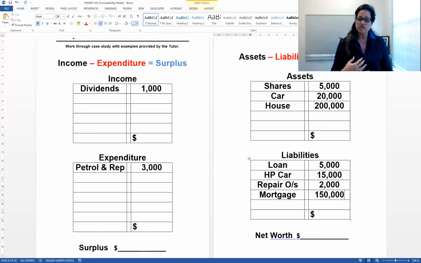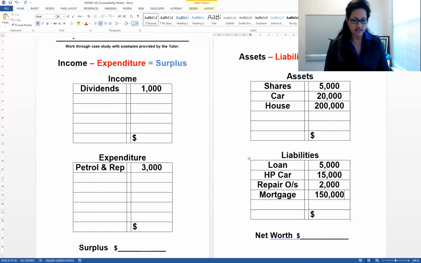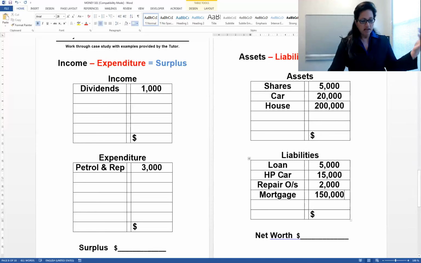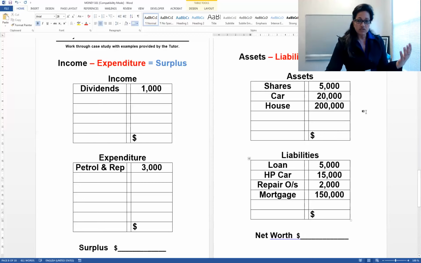But again, we need to record the asset of the house and then the liability of $150,000. The money for the deposit that was taken somewhere else doesn't even enter on here. So straight away, she has this house, which is $200,000, and a mortgage, which is $150,000, which is awesome, and she just wants to record that.